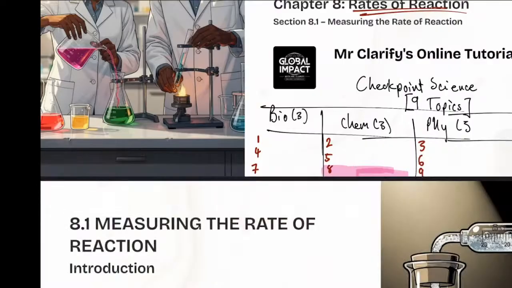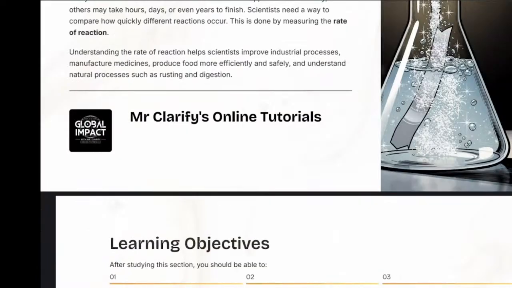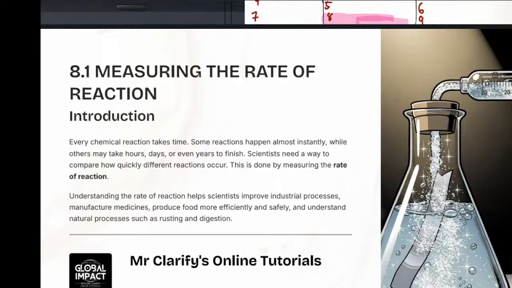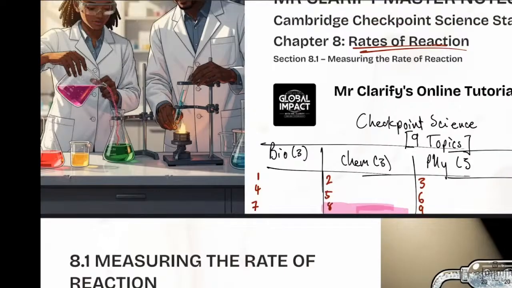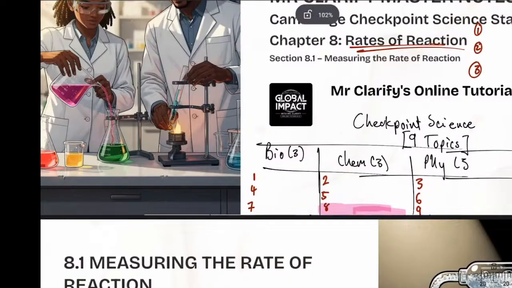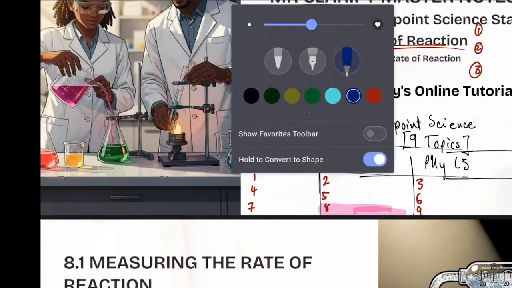Now, the first thing you must know, this chapter is broken down into 3 things. The first one is we want to know rates of reactions. First thing we must know is what is the rate and how do you measure it? What do we mean when we say rate of a reaction?